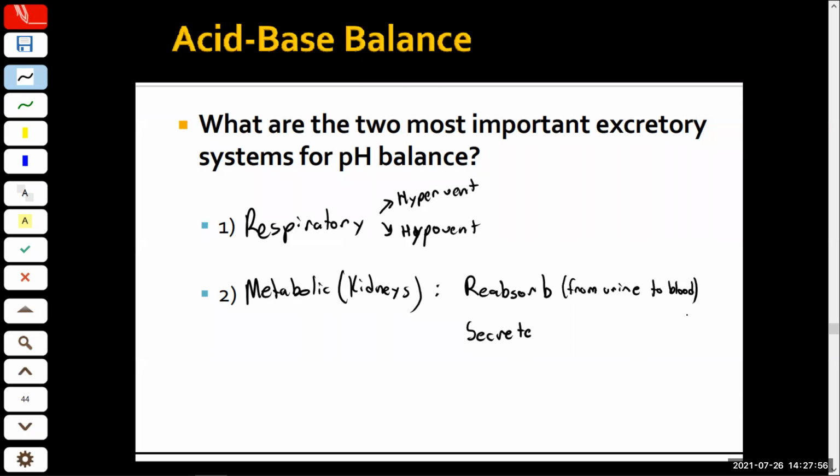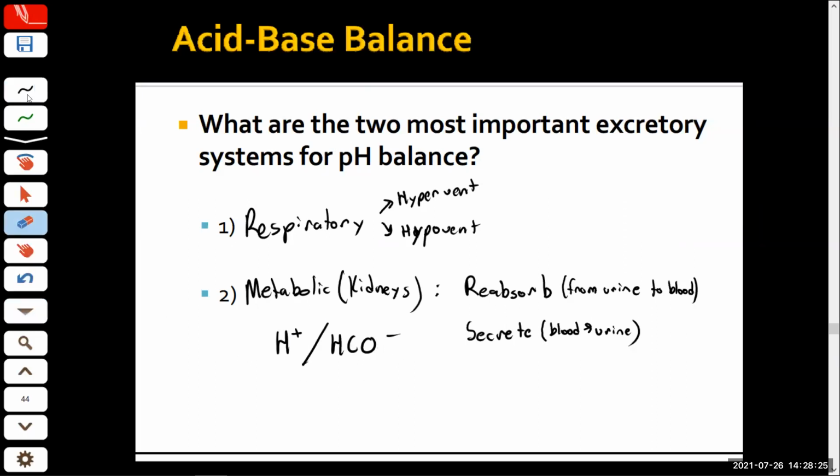For secretion, it's going from my blood to my urine so I can secrete it out. The things that my kidneys will be reabsorbing or secreting will be either protons or bicarbonate.